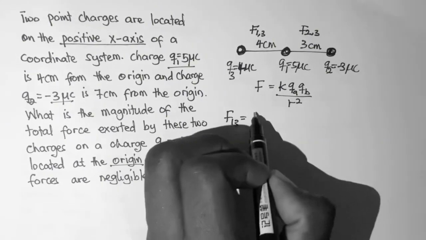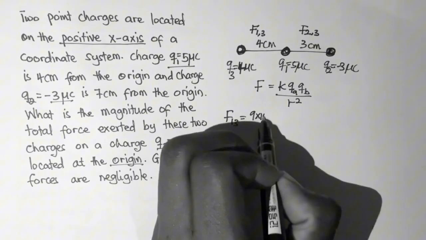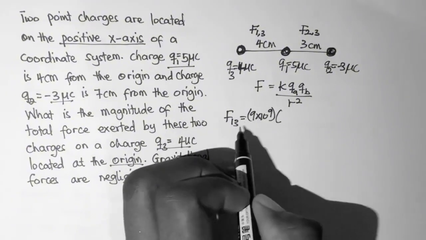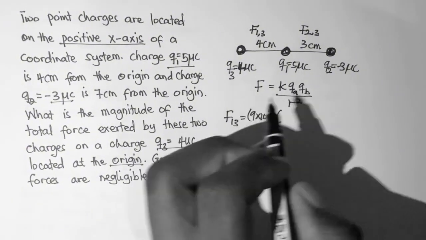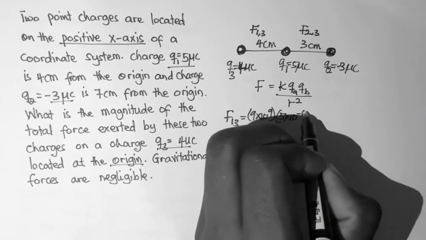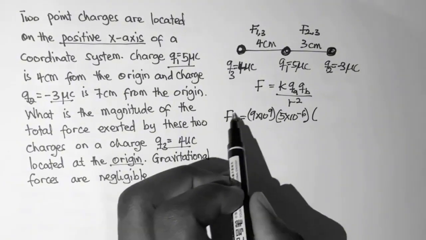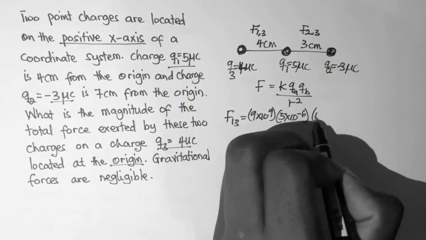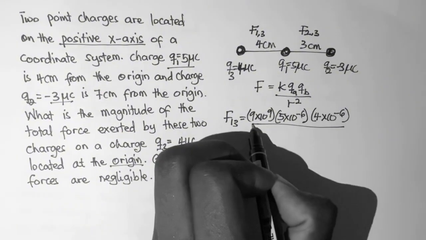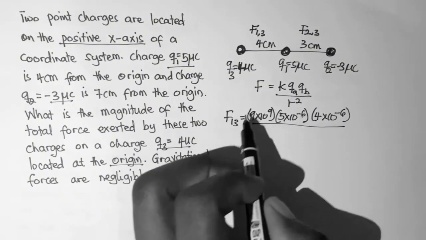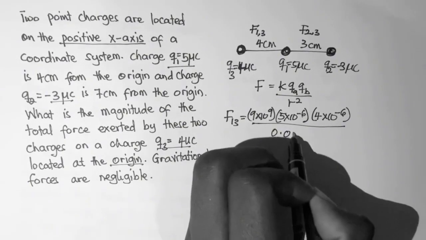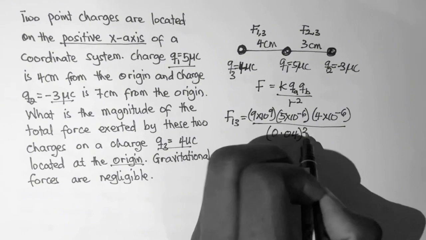Now this K, which is this constant, is given as 9 times 10 exponent 9, then times the first charge, which is 5 microcoulombs, so 5 times 10 exponent minus 6, then times the charge at the origin, 4 microcoulombs, so 4 times 10 exponent minus 6, divided by the square of the distance between them, 4 centimeters, which is the same as 0.04 meters, so 0.04 squared.